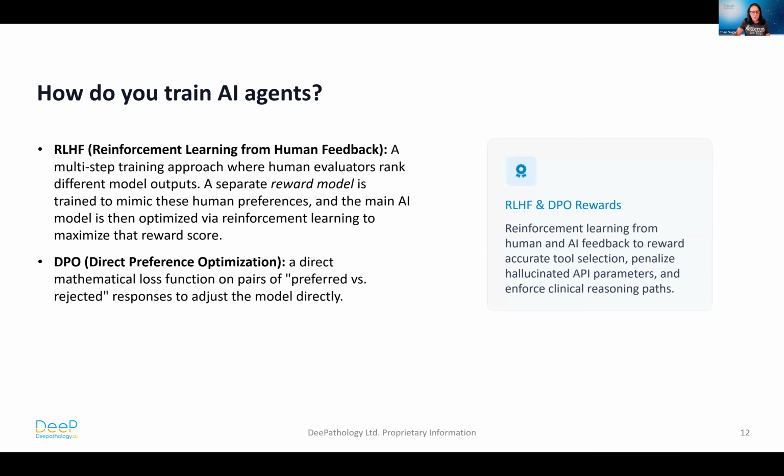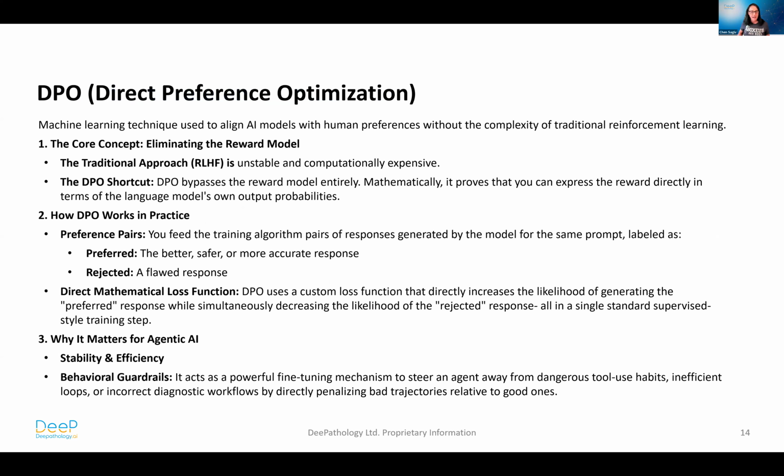Okay, so we talked about the training of AI agents, and one was reinforcement learning, and the other one is DPO, the direct preference optimization, and I want to also spend a few minutes on that. The idea here is again to reward the agent for what a human would prefer to do, but we want to do it a bit simpler.